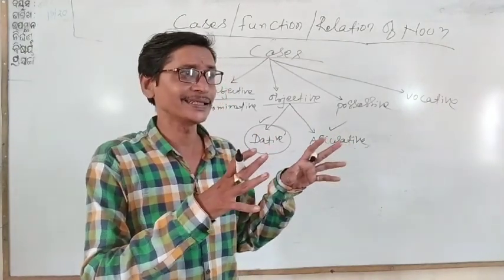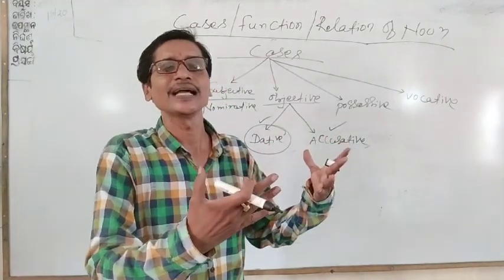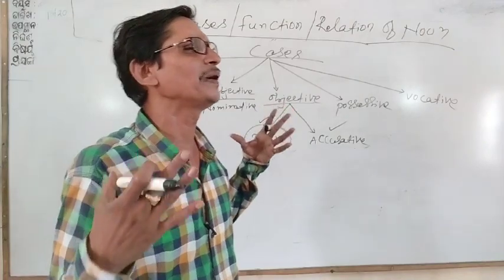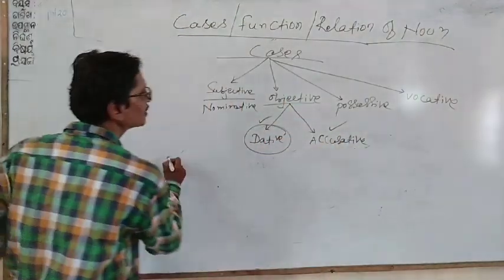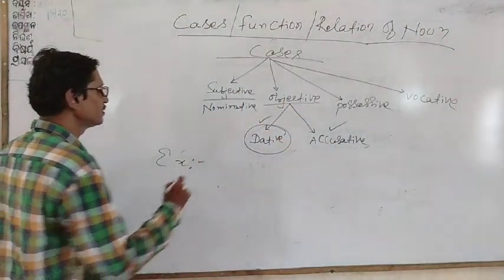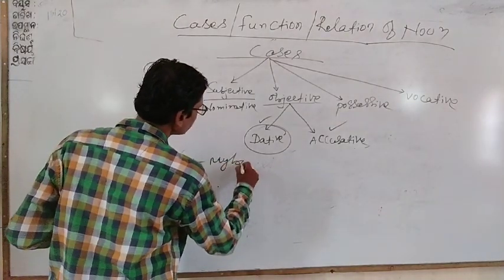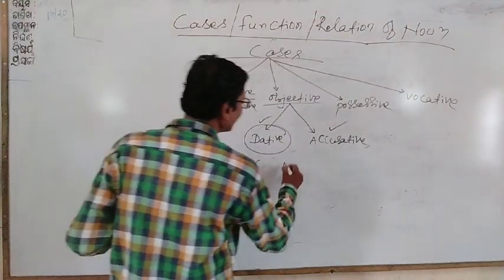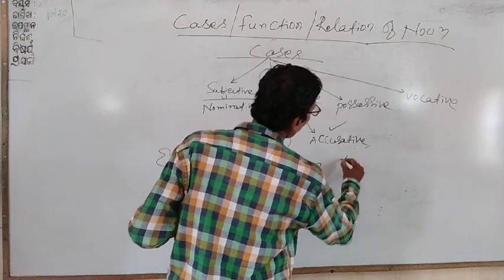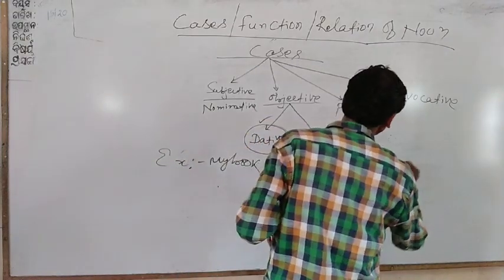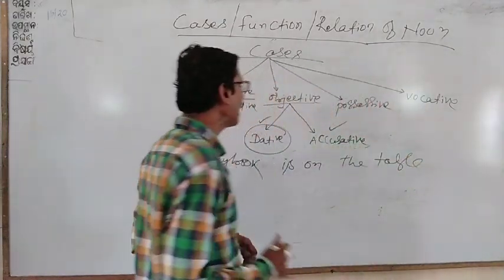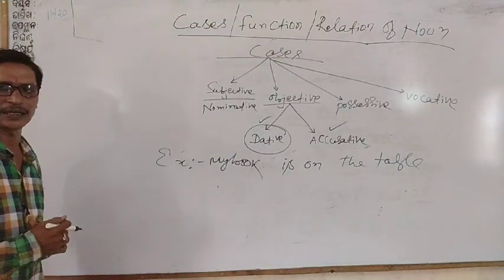It is functioning as the object of a preposition. You see, one example I am giving you: my book is on the table.